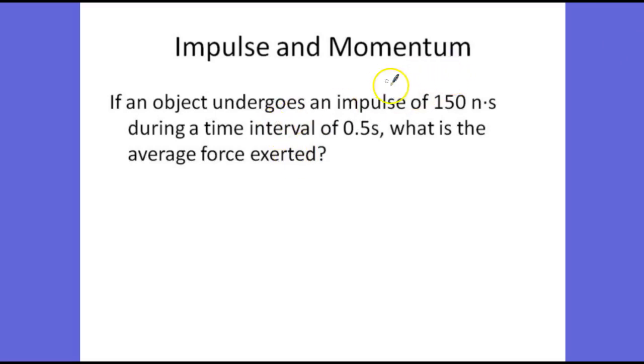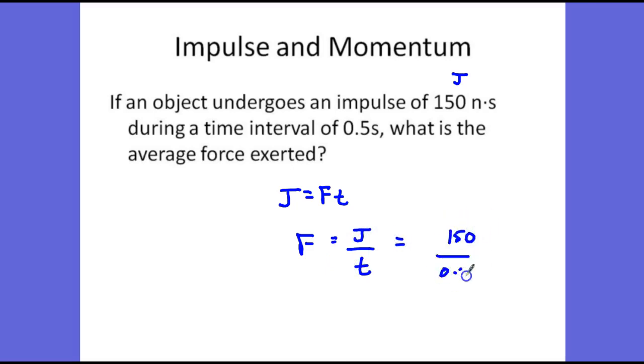If an object undergoes an impulse of 150 Newton seconds during a time interval of 0.5 seconds, what's the average force? Impulse is force times time. So that average force is equal to impulse divided by time. So 150 divided by 0.5, and that's equal to 300 newtons.